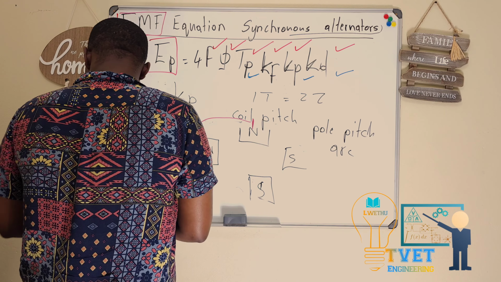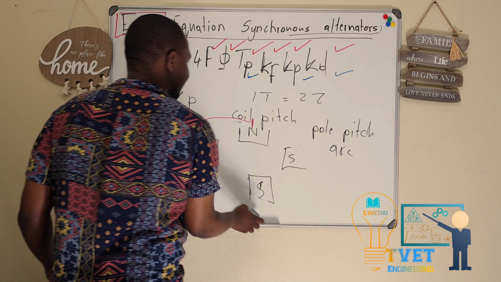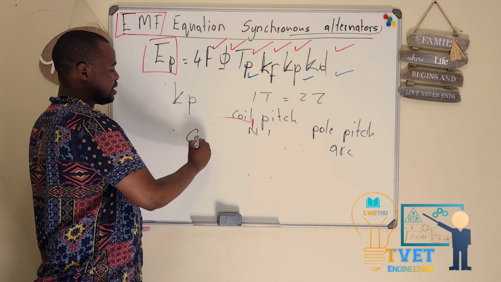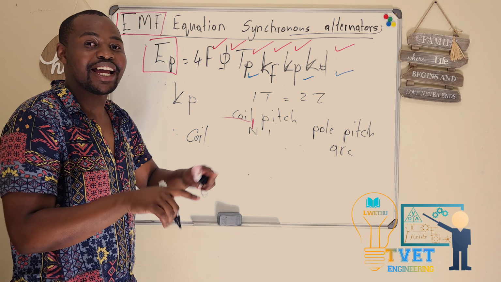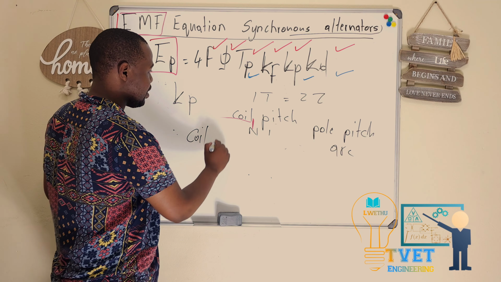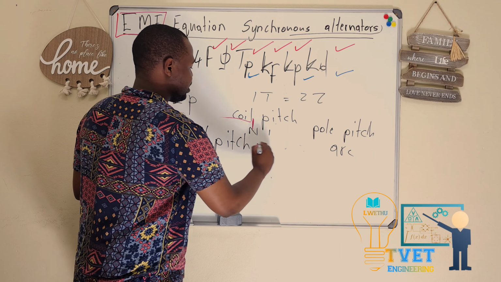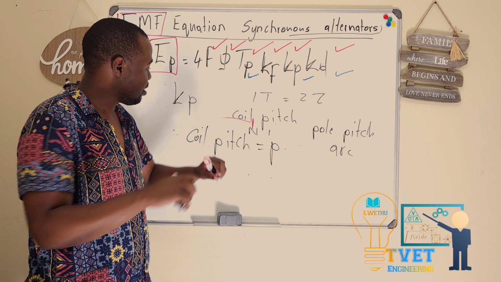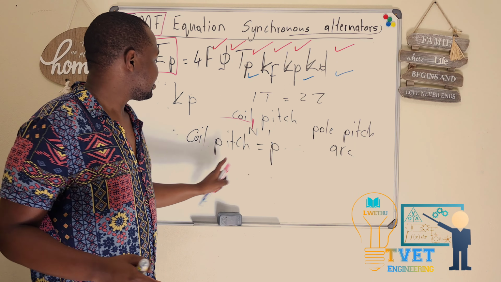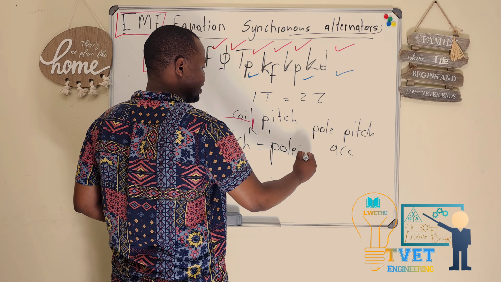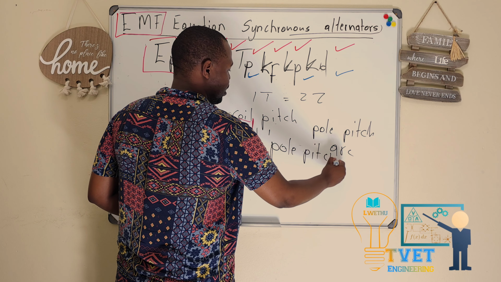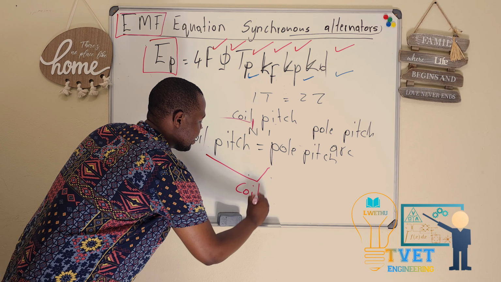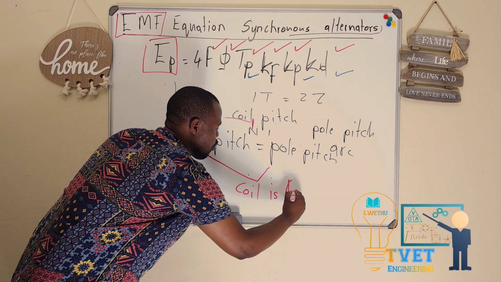Okay, listen carefully. When the coil pitch, which is the distance between the sides of a loop or sides of a turn, is equal to the pole pitch, we say that the coil is full pitched, guys.